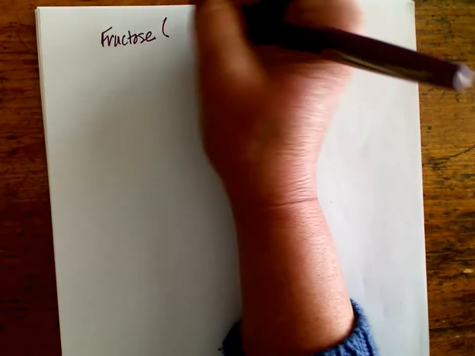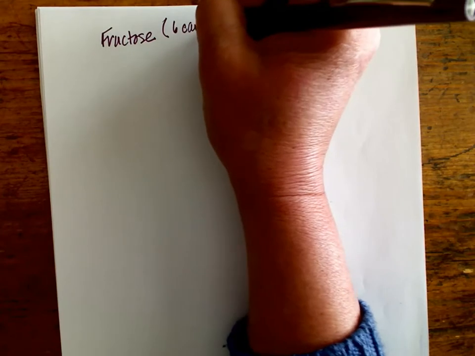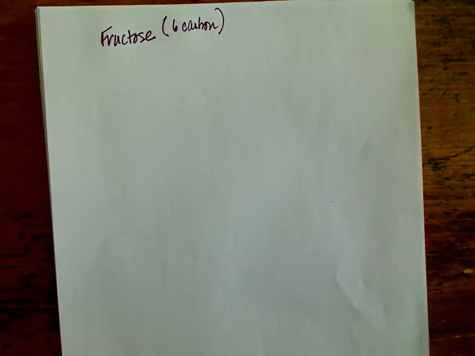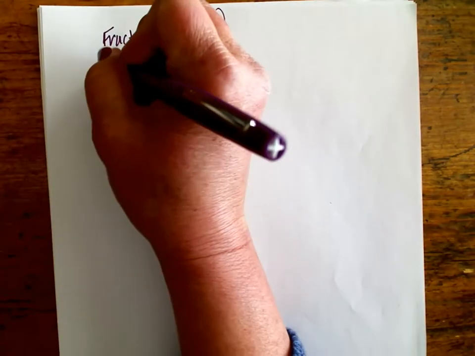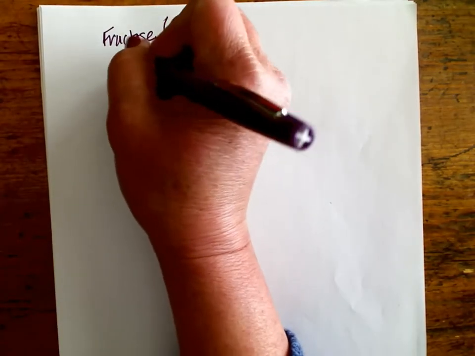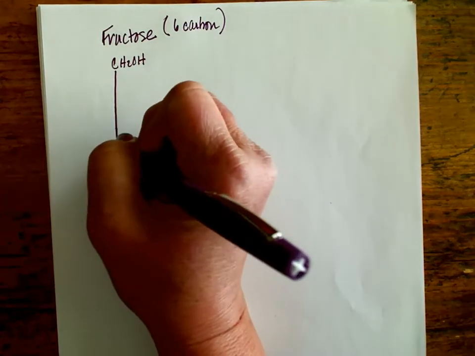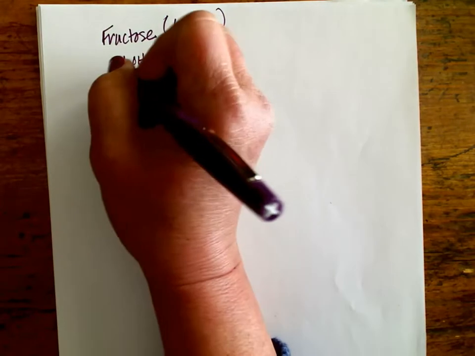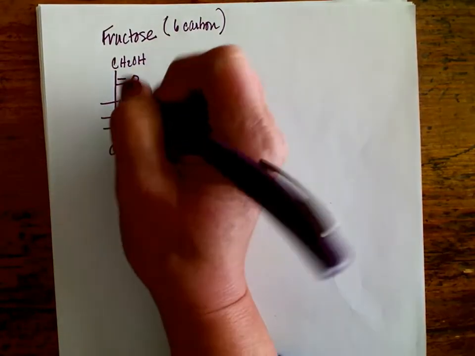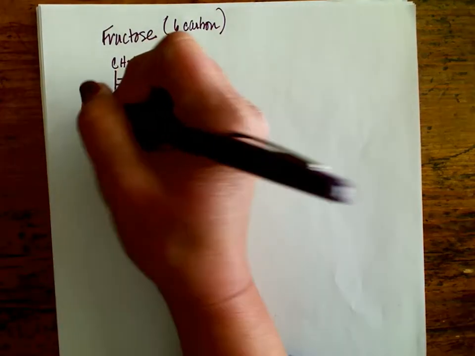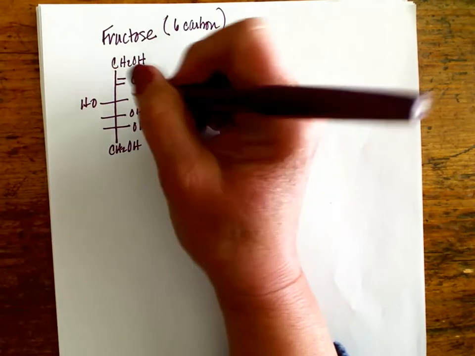This is also a 6-carbon carbohydrate, but it is a ketose. And I take a similar approach to drawing this in a cyclic form, just laying it on its side.